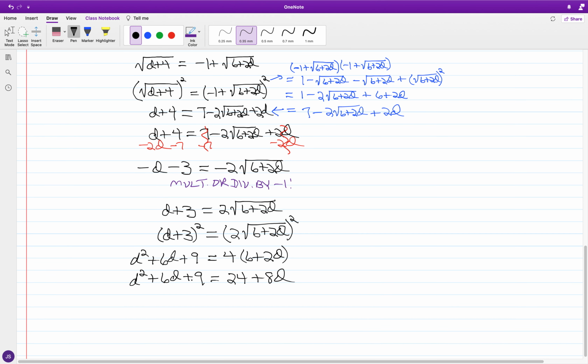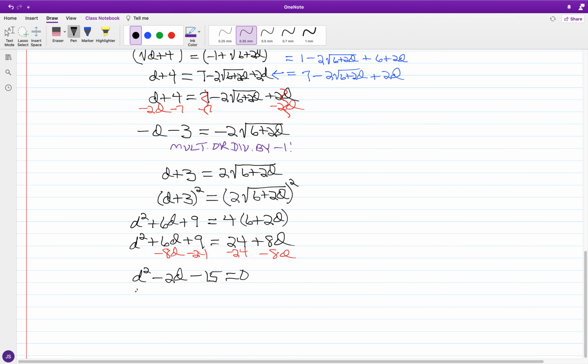Now we're looking at establishing this equation in standard form as a quadratic. So I can just move the 24 and the 8 times d. So we have d squared minus 2d minus 15 is equal to 0.